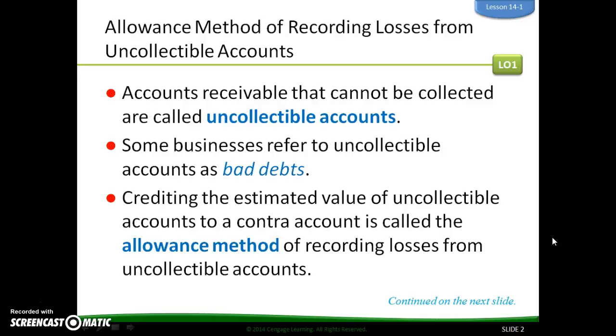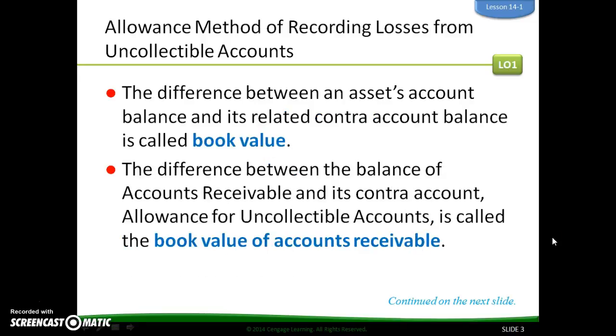business. So crediting the estimated value of uncollectible accounts to a contra account is called the allowance method of recording losses for uncollectible accounts. And we're actually going to see that in practice. So when we're talking about value as it relates to a business, the difference between an asset's account balance and the related contra account balance is called the book value.